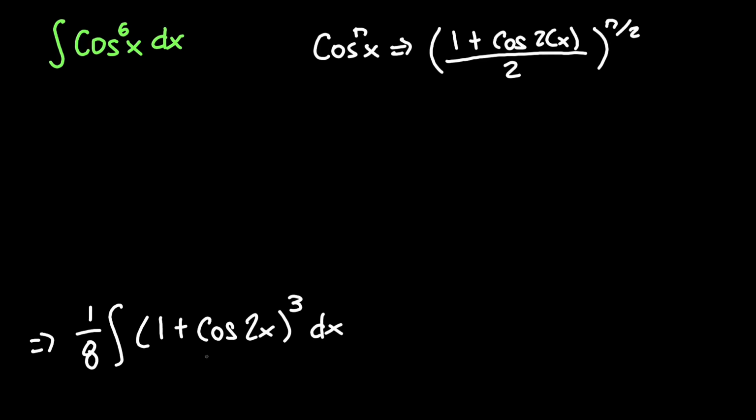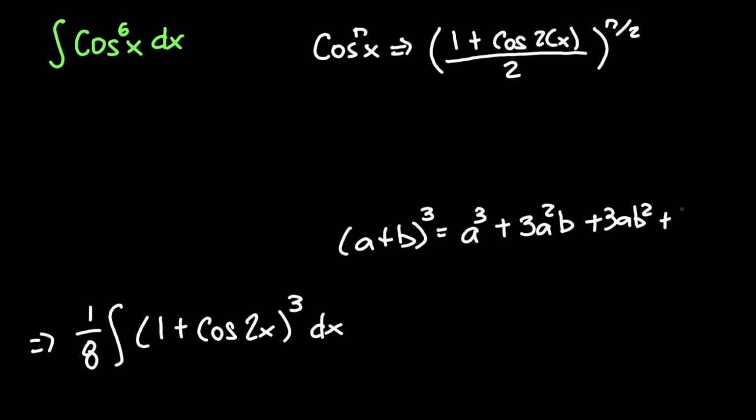Let us now expand this expression. Let me just rewrite this: a plus b raised to the power of 3 would be equal to a cubed plus 3a squared b plus 3ab squared plus b cubed. Let a here be 1 and b be cosine of 2x.